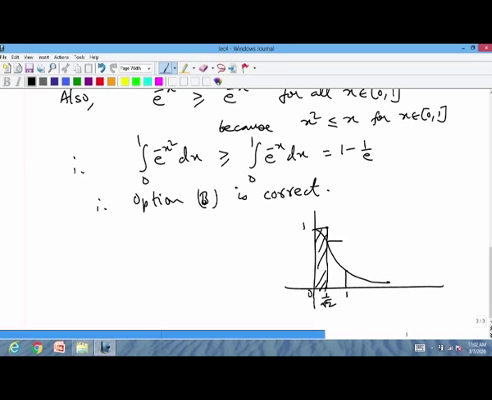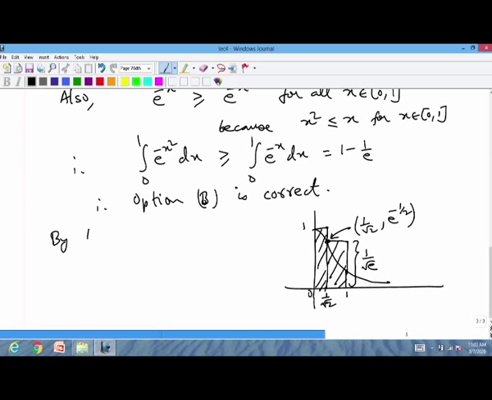And what about this rectangle? The value at 1 by root 2 will be, with y equal to e to the minus x square, e to the minus half. So, this height is equal to 1 by square root of e.